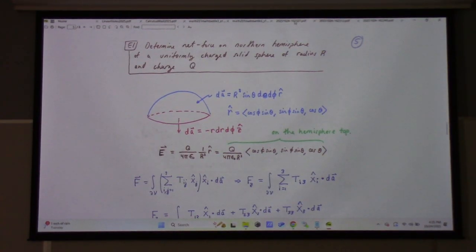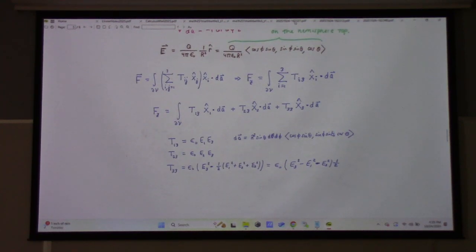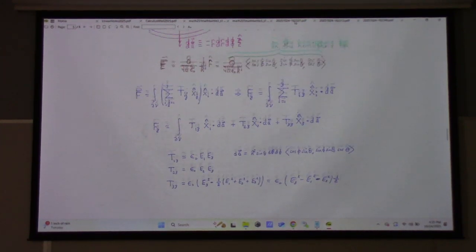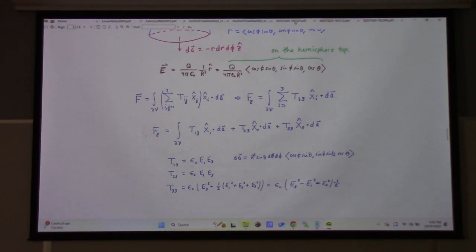So let's spend 2 minutes looking at it. So here was the setup. We figured out that the surface of the upper hemisphere has two pieces, the top and the disc, right? The bowl and the disc, as Griffiths calls it. It's also fairly clear that the force is going to be in the z direction.